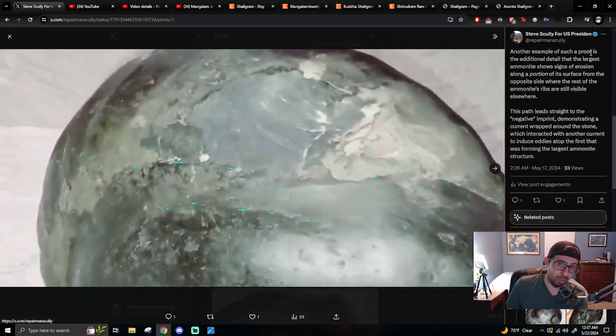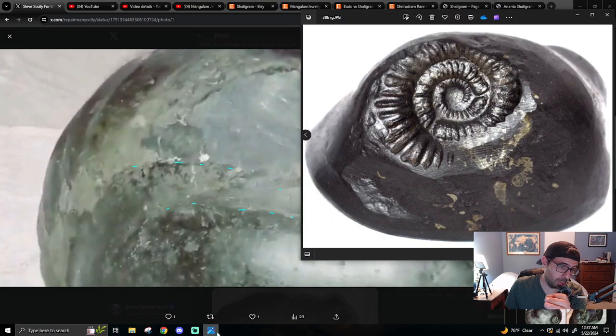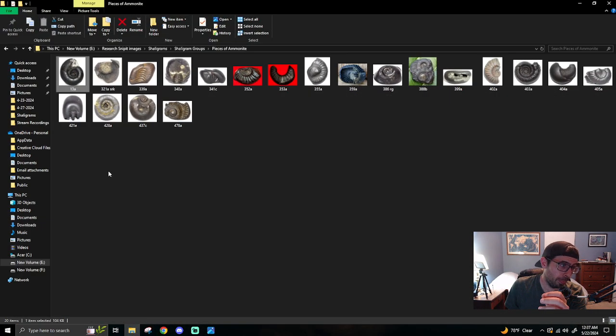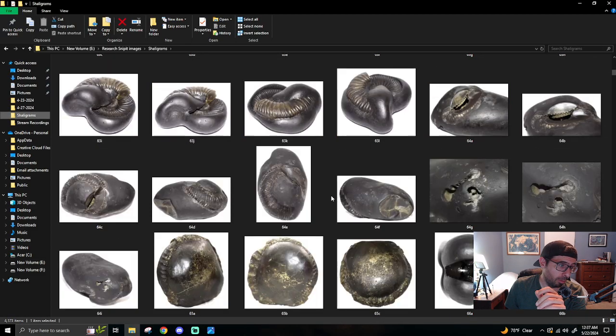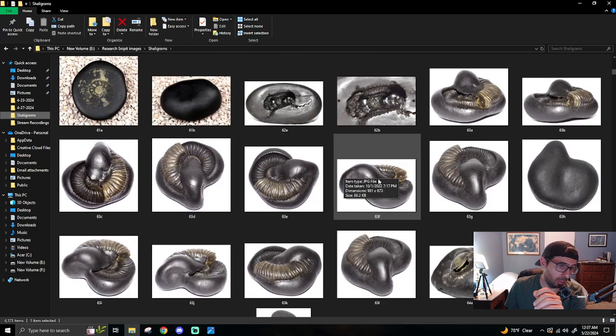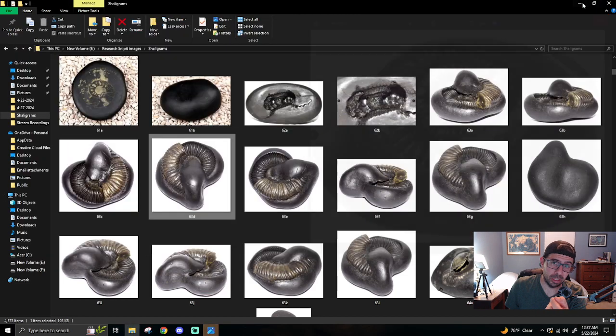Another example of such proof is the additional detail that the largest ammonite, so remember I was talking about that snake one, 63 it was, I believe. This one, it's probably a good angle.